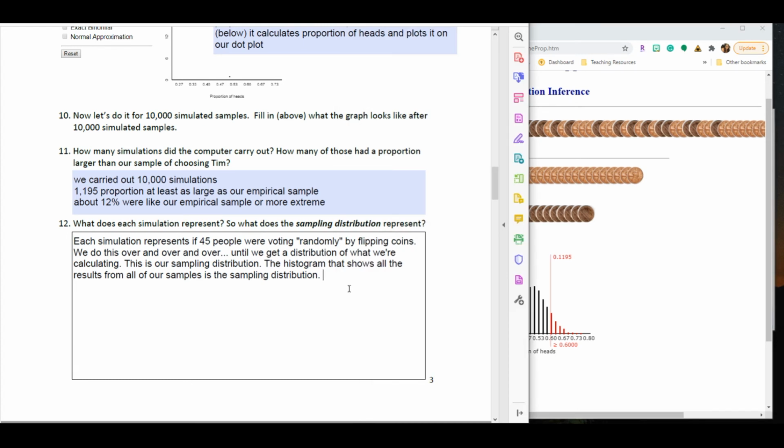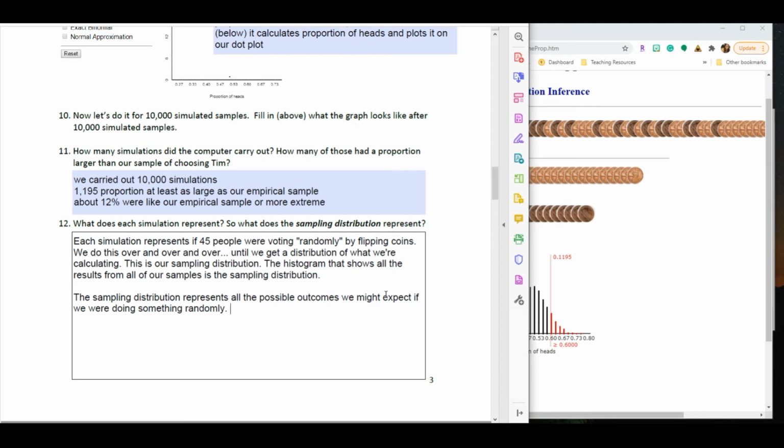So the sampling distribution, what we're really going to be using it for, represents all the possible outcomes we might expect if we're doing something randomly, right?